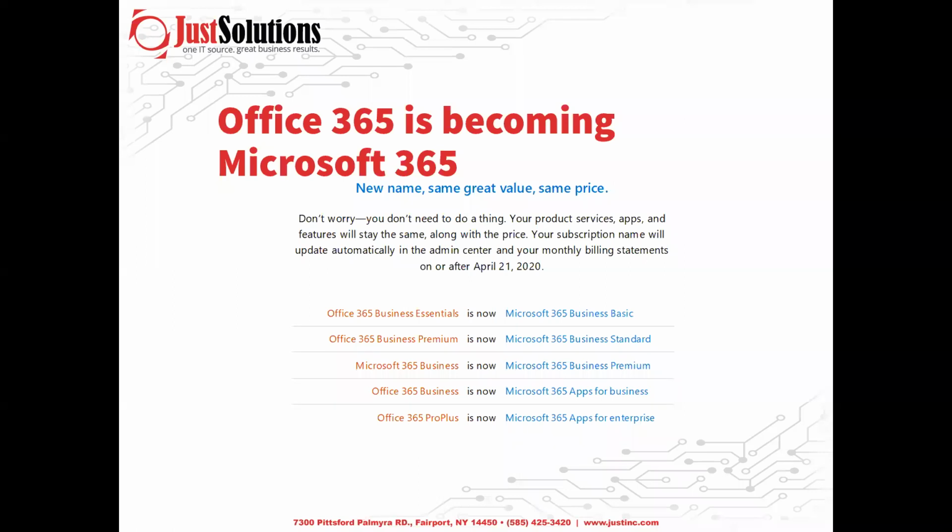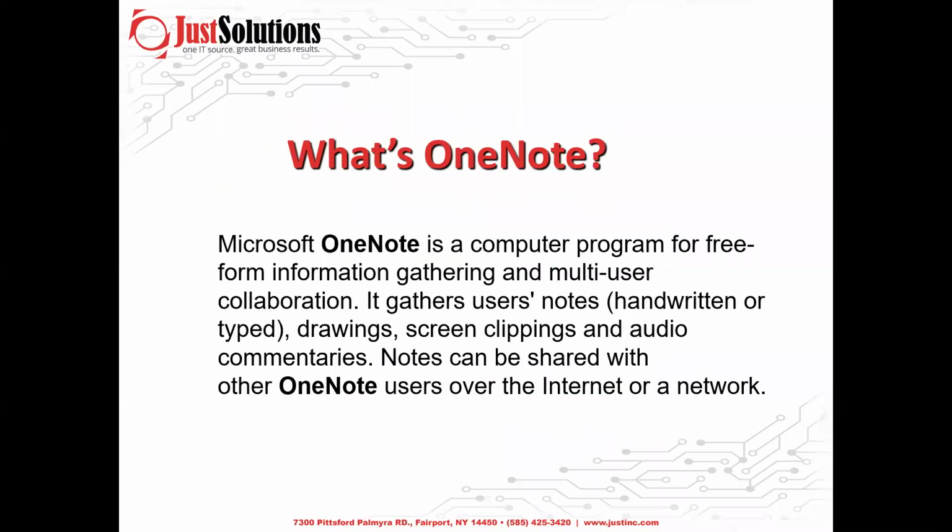Some of you know from last week, but this is maybe new to some of you as well. What is OneNote? It's a great little program that is free form, kind of like a notebook, where you just can write whatever you want on a page, flip to another page, start writing more notes. If you think about how you use a spiral notebook, I use them all the time. I've been using them for years.